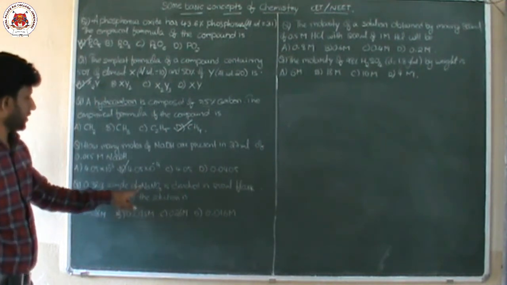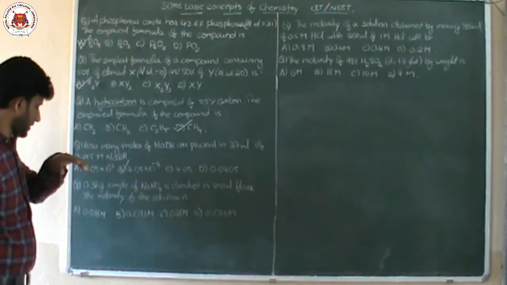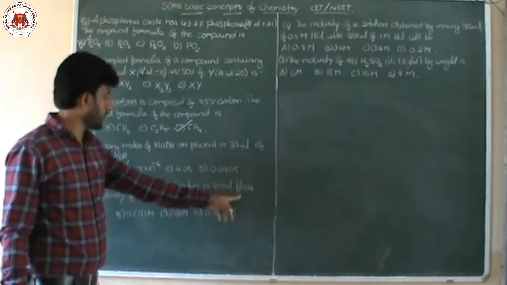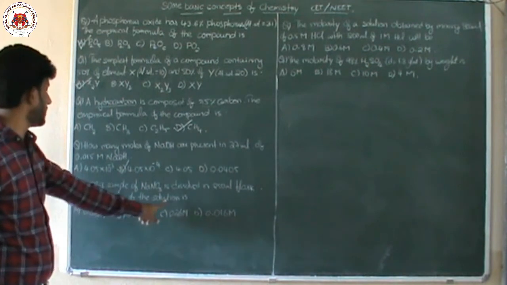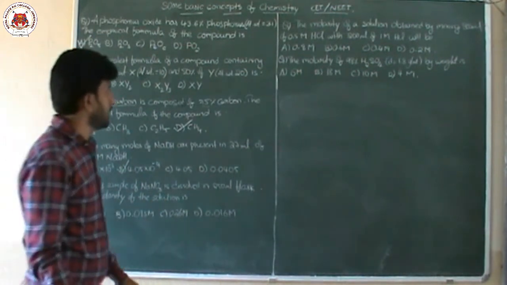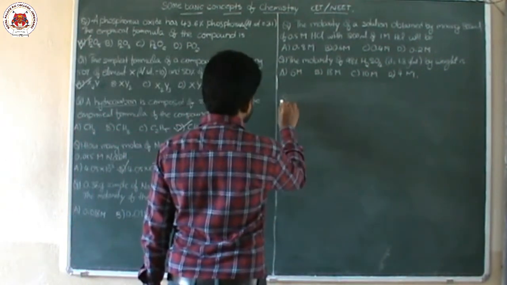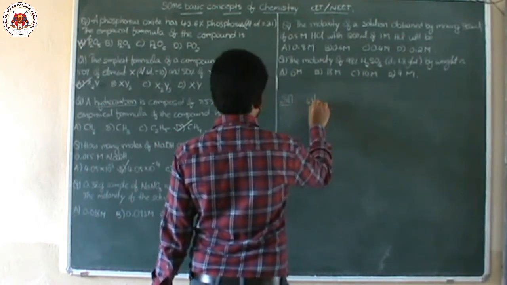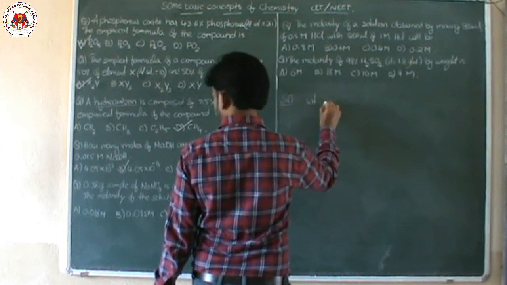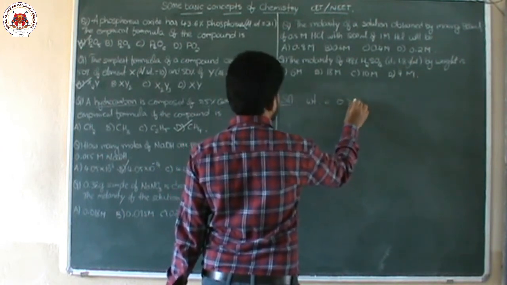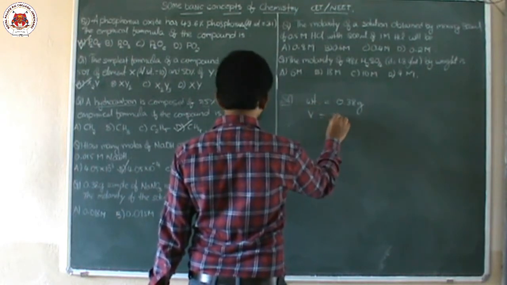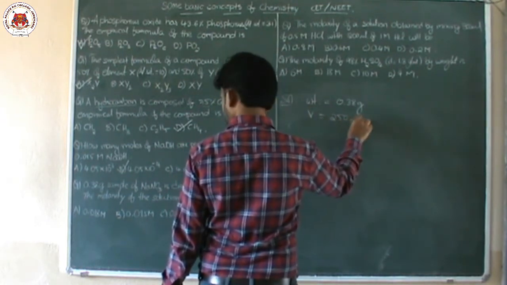A 0.38 gram sample of NaNO3, sodium nitrate, is dissolved in a 250 ml flask. The molarity of the solution is? Okay, so what is the formula for molarity? They are given the weight of NaNO3, 0.38 grams, and the volume of the flask, 250 ml.